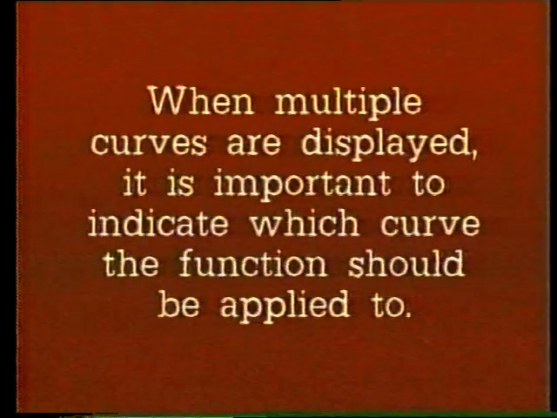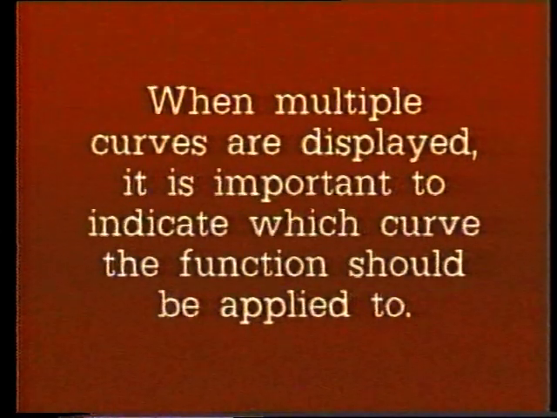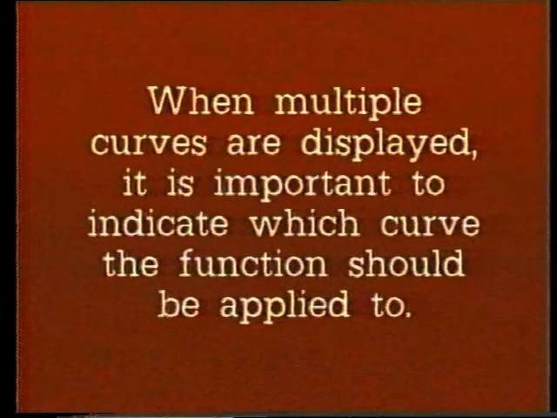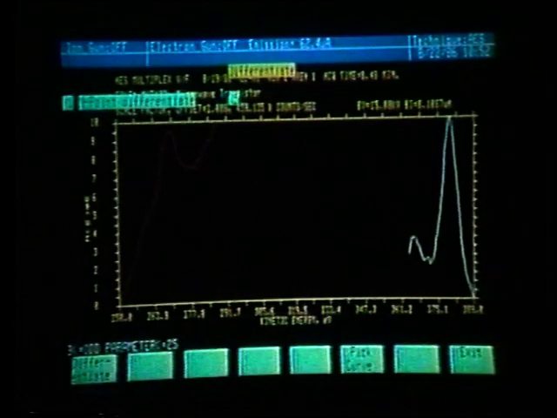We can display many more than 2 curves. When we have multiple curves displayed and we ask for a function, whether it be to smooth or differentiate or shift, the software needs to know which of the curves that are displayed it should apply the function to. So what we need to do is pick that curve, and that curve will then be highlighted.